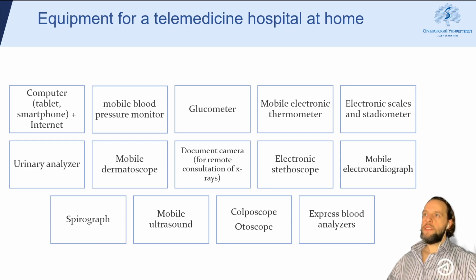Blood pressure monitor, glucometer, mobile electronic thermometer, electronic scales, and measurements for other factors, urinary analyzer, mobile dermatoscope, document camera if we need to have a photocopy of some documents, electronic stethoscope, mobile electrocardiography, spirograph, mobile ultrasound, colposcope, otoscope, express blood analyzers.